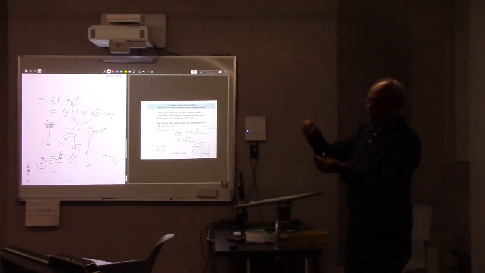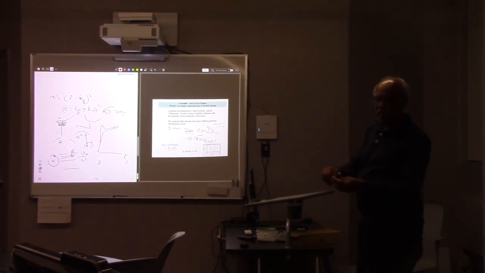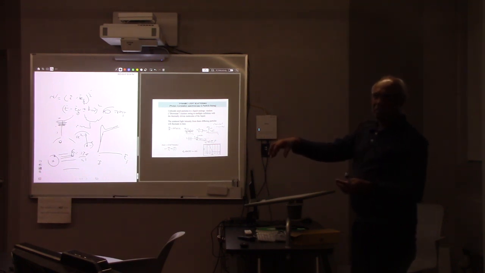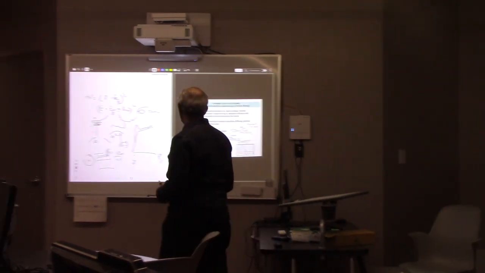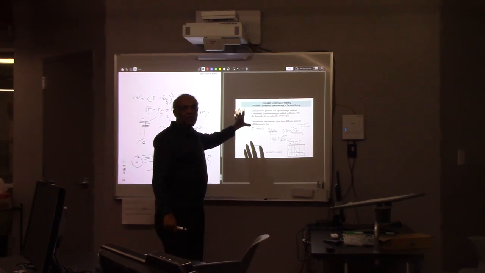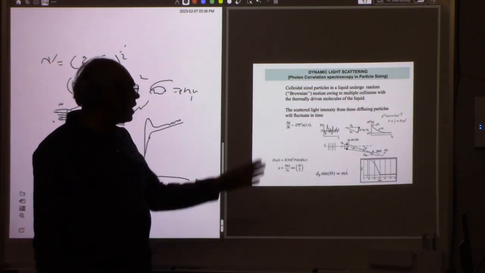You have some particles 1 nanometer, some 2 nanometers, some 10 nanometers. By doing this technique, you can get a histogram: this many 1 nanometer, this many 5 nanometer, like that. That we call dynamic light scattering. This instrument is also very highly used, mostly by chemists. This technique is very simple.